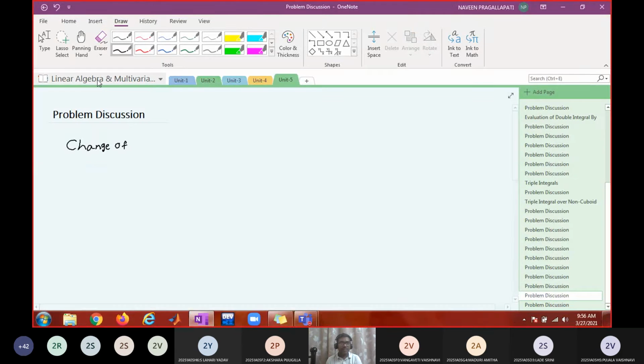Change of variables in triple integrals.